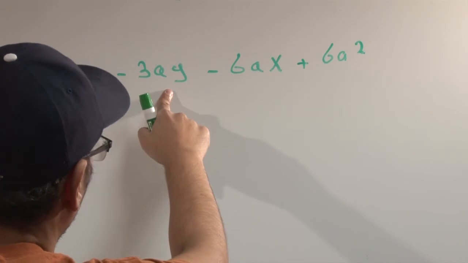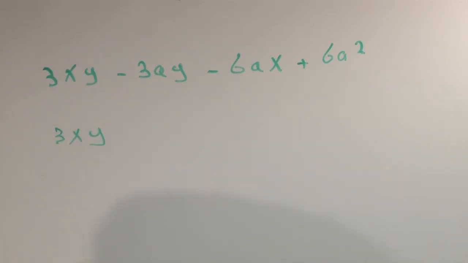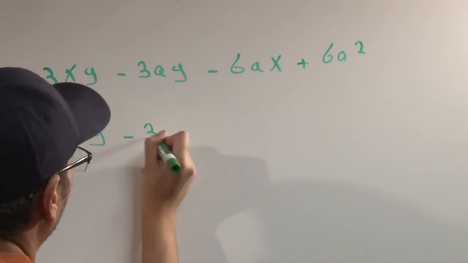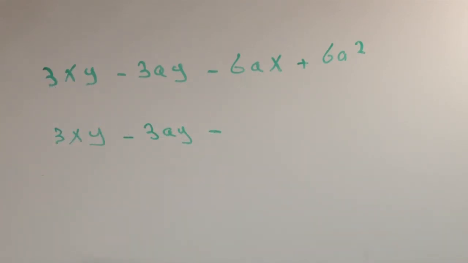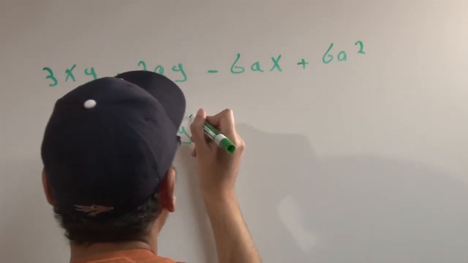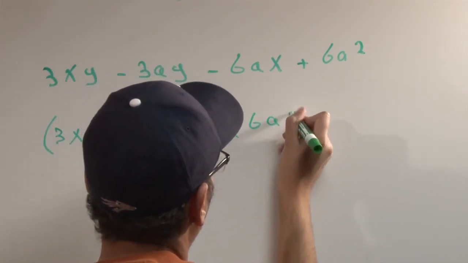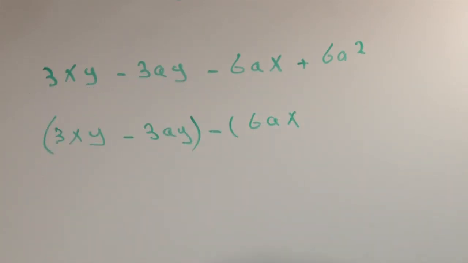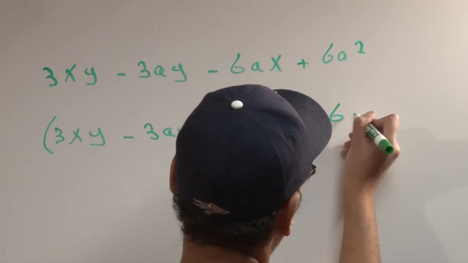I could get this one, because there is 3 as a common factor, and as well as y, right? So how about this? Minus, be careful again, it's minus 6ax. What should I put here? Plus or minus? Minus. Thank you. 6a squared.